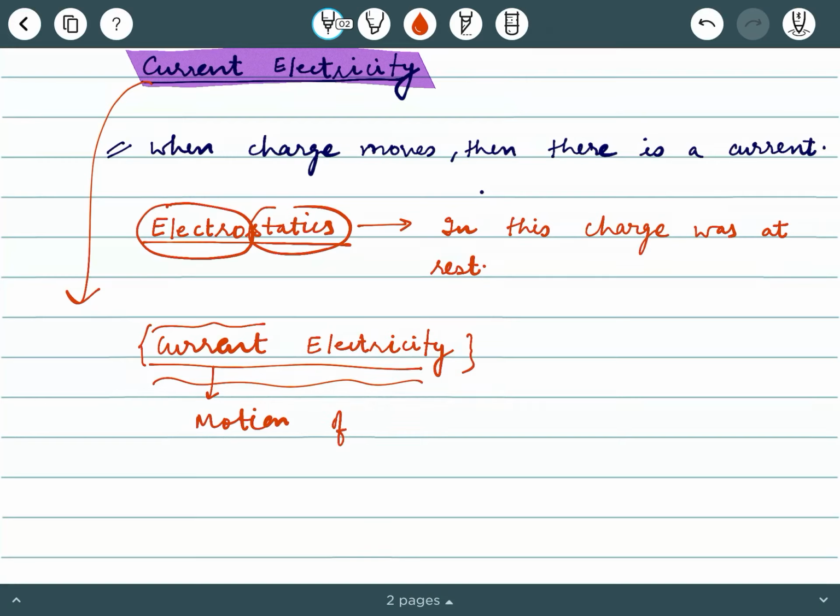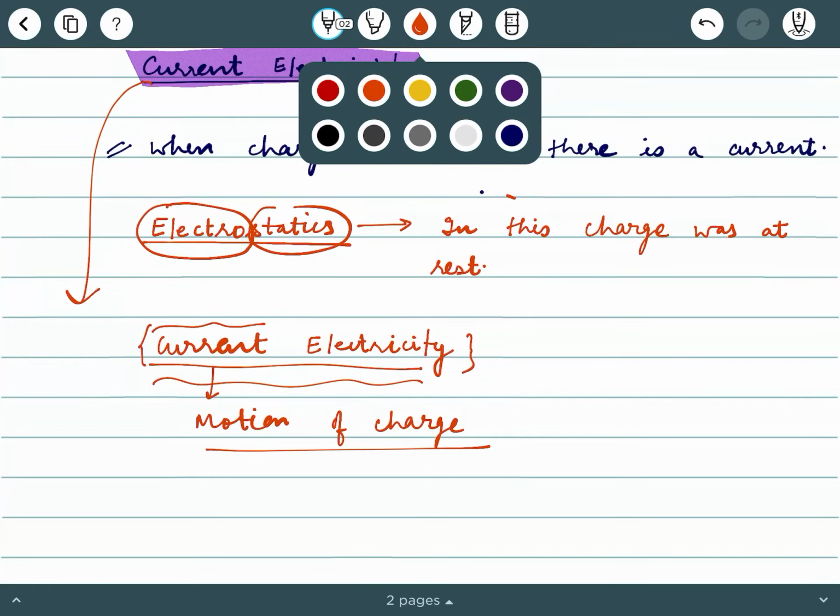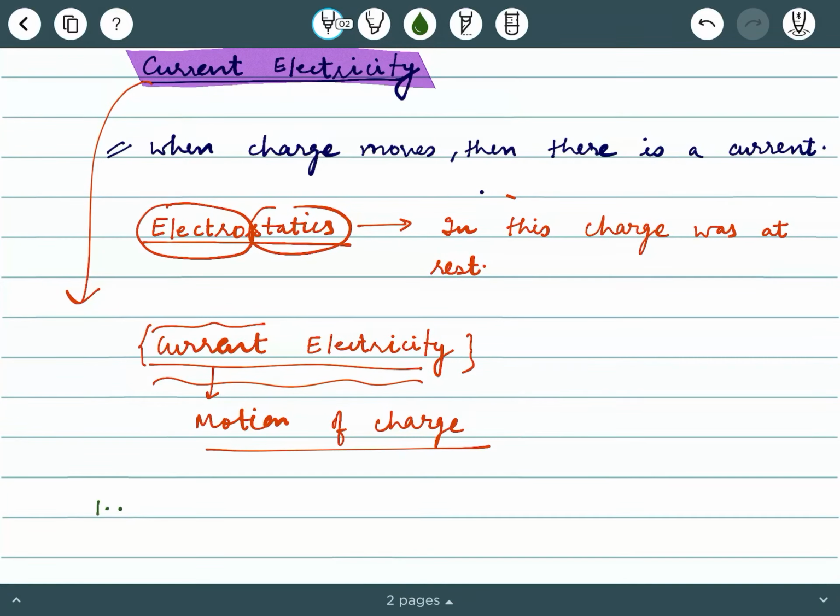So we can basically say the whole thing is motion of charge. Correct? In simple words, because current in a simple sense gives a meaning that motion is there. So whenever there is current, there is definitely motion of charge. That is, whenever there is a charge moving, then there is current.